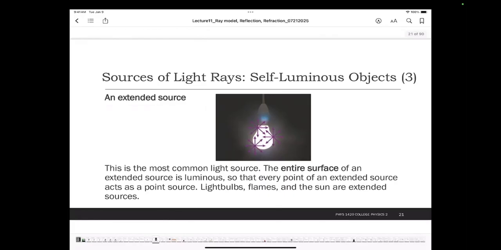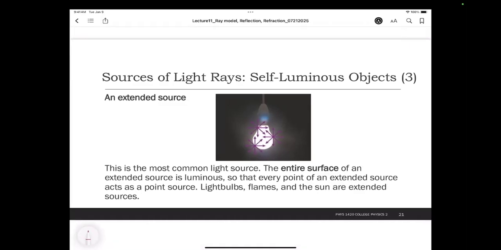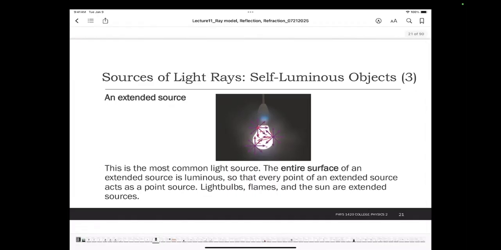Here is a point, here is a point, and so on, all over this extended source. These are three different self-luminous sources.